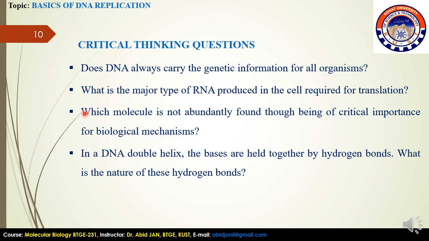Which molecule is not abundantly found, though being of critical importance for biological mechanism? Lipids. Though lipids are of essential use in the cell for the formation of cell wall, they are generally found in association with either phosphates or polysaccharides.